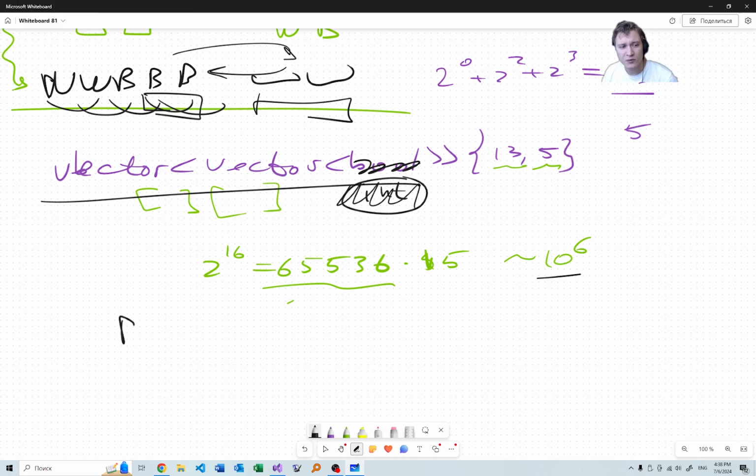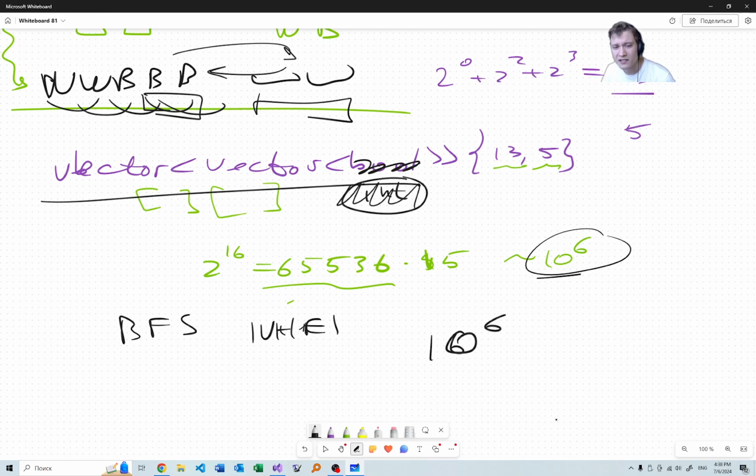BFS works in V plus E time. The number of vertices is 1 million. The number of edges is about 1 million times 15 or 13, because for each string you have edges to all other positions of the two spaces. This is fast, and this is enough memory. So, a simple BFS problem.